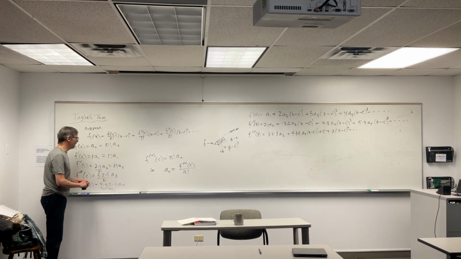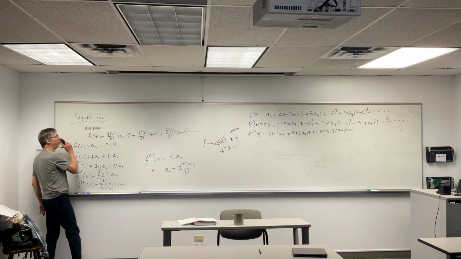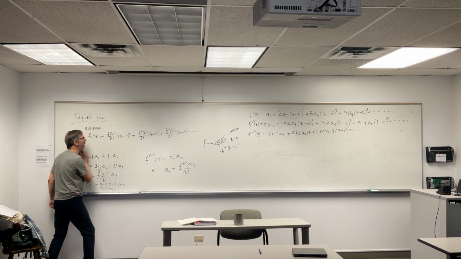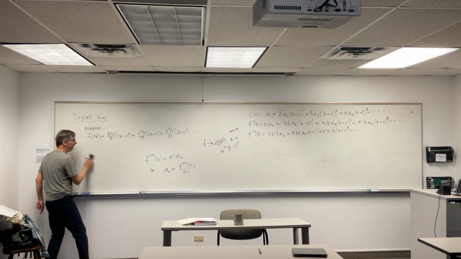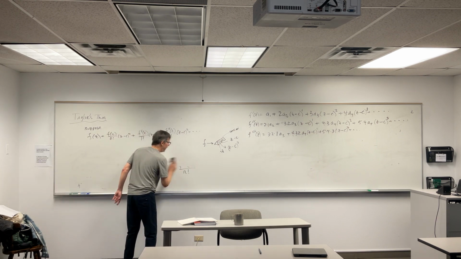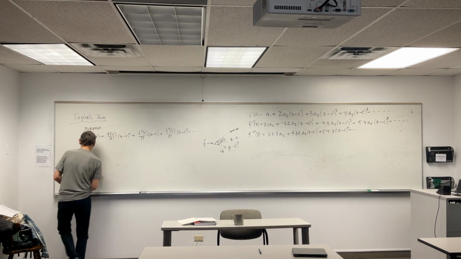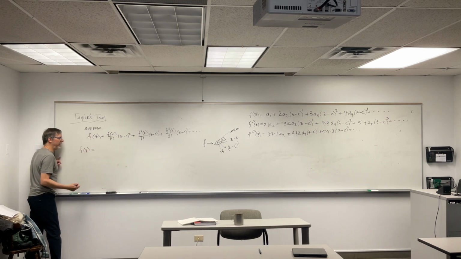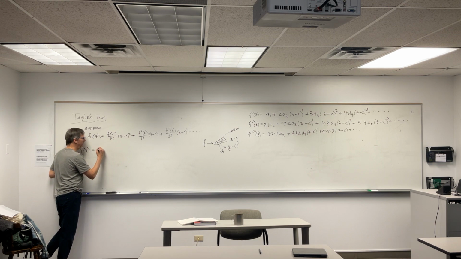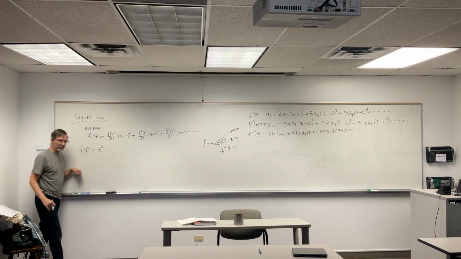So let me show you what I mean. And I want to show you something you probably have never used this for, and it's a really cool application. When it's needed, we can use it just the right way. So let's say I had f of z is, oh gosh, let's just say z squared.